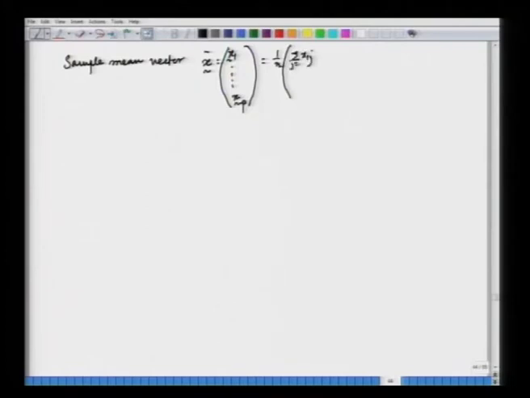From here, we can have the sample mean vector. Let us say the sample mean vector is what we denote by x bar, and since x is p dimensional, the data vector, we have this also as p dimensional, x1 to xp. Obviously, the first one, x1, gives me the sample mean of the first random variable, that is, I have x1j, j from 1 to n, the elements of the first row of the matrix.